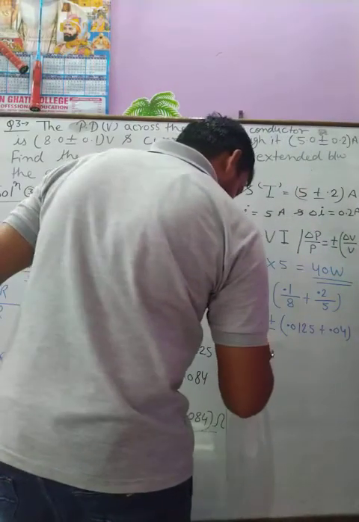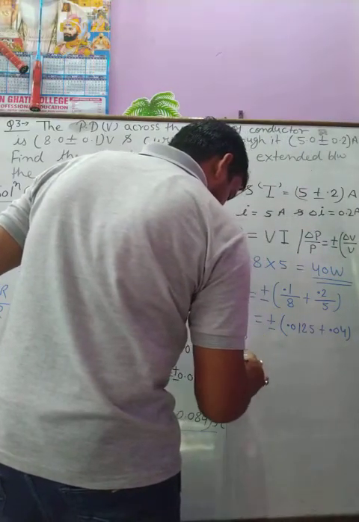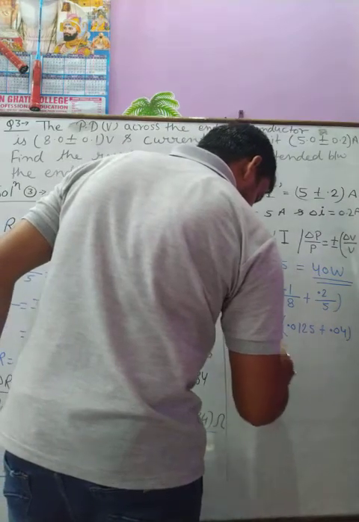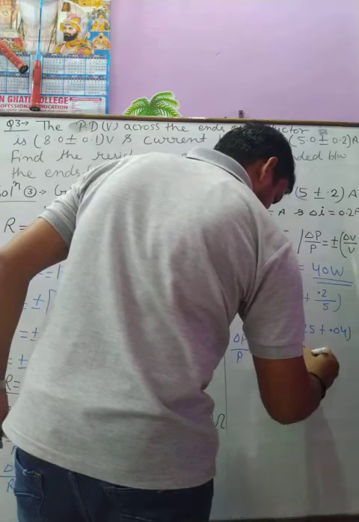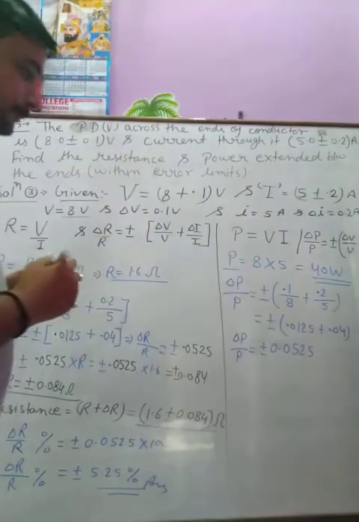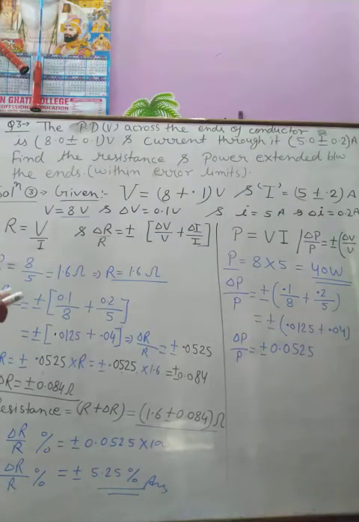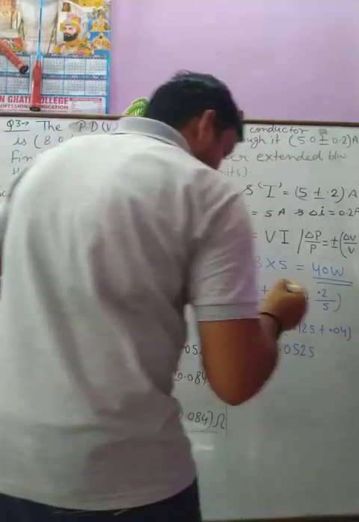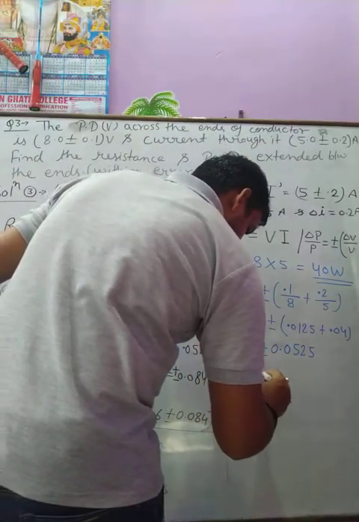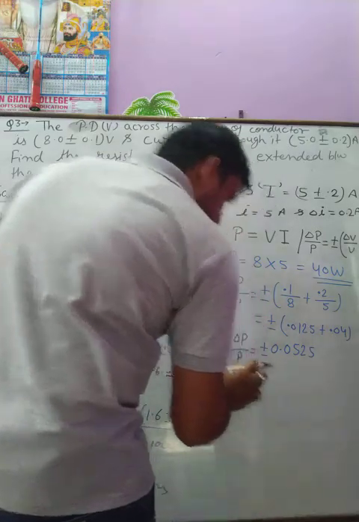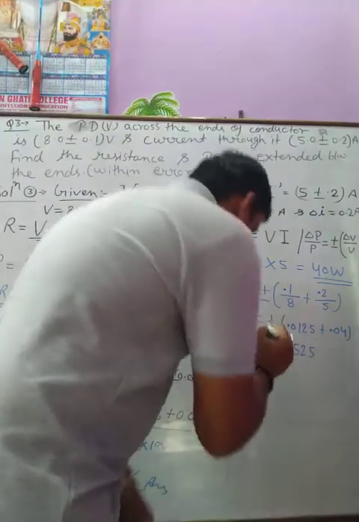Okay, del P upon P is plus minus 0.0525. Okay, now value of error in P. First we calculate the percentage error in P.